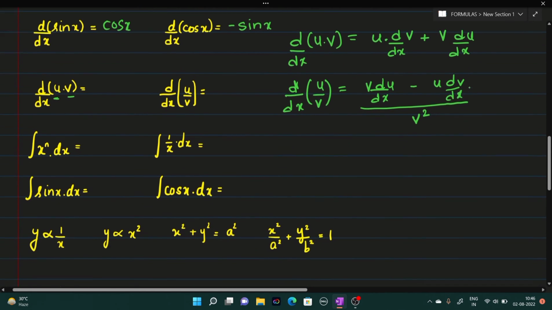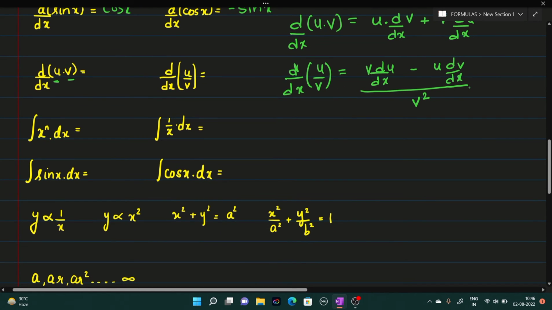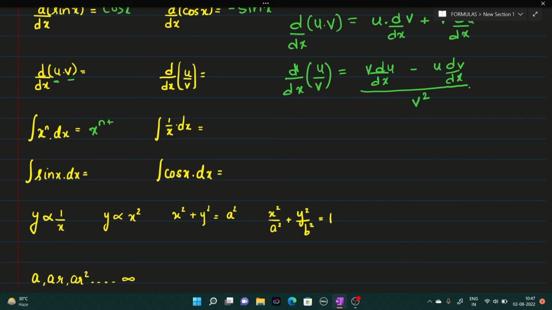Next is integration. Some basic formulas need to be known. If we integrate x raised to n, the result is x raised to n plus 1 upon n plus 1. And when we integrate 1 upon x, it is log x.